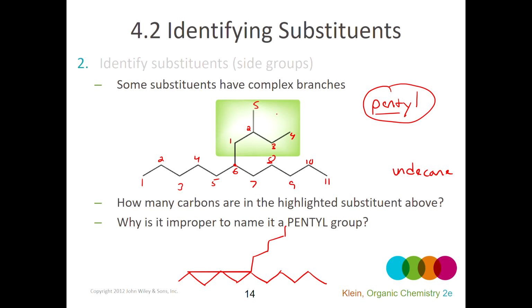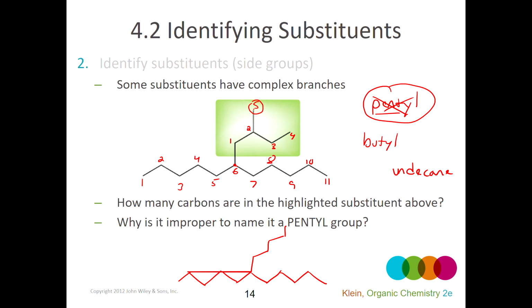My substituent, the longest chain of carbons I can find on my substituent is 4 in a row. So that's going to be butyl. But I still have to account for this. This carbon here isn't connected to carbon 4. If it were just over here connected to carbon 4, it would just be a pentyl. But it's branched off the second carbon of this side group.